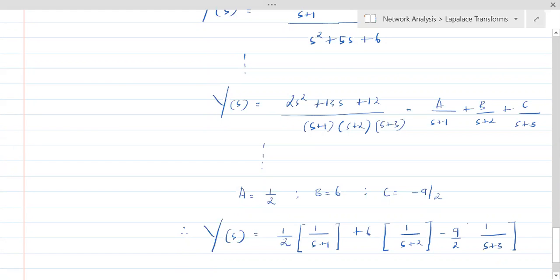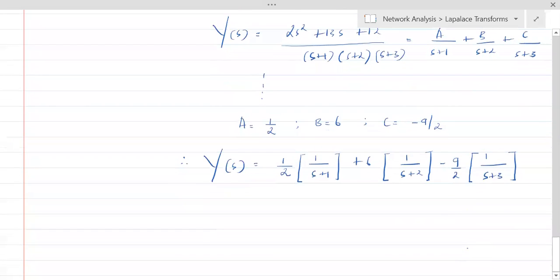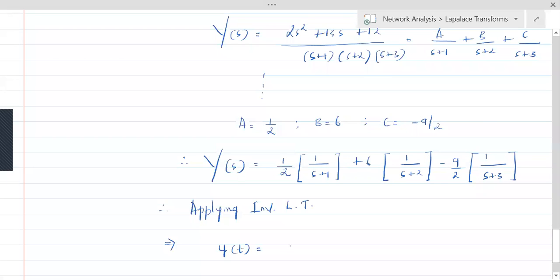Now this is the form we require to apply the inverse Laplace transform. Okay, therefore applying inverse Laplace transform implies y of t is equal to half into e power minus t plus 6 into e power minus 2t, minus 9 by 2 e power minus 3t.